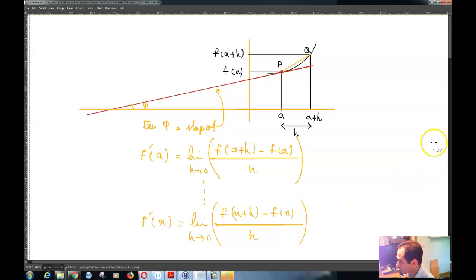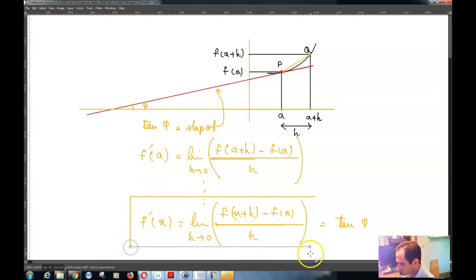We call this the general derivative of the function, and this is, by the way, equal to tan of psi. But the important part was basically this part, and I don't want to go through all of those triangles again. We already have done that.